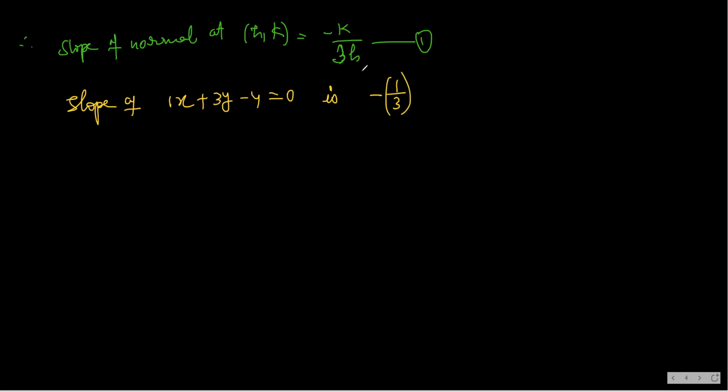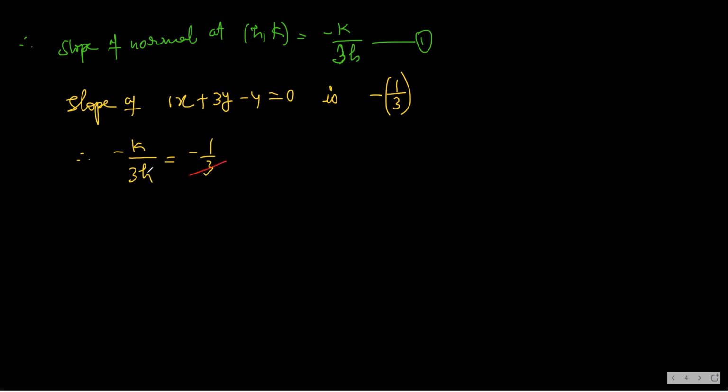Now remember students that this slope and the slope of normal should be equal. Why? Because the normal is parallel to this line. I will write therefore negative k upon 3h equals to negative 1 upon 3.